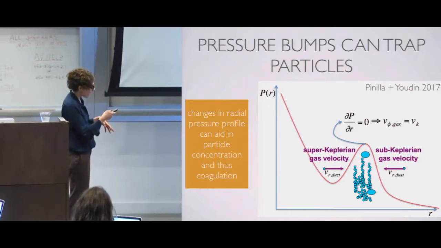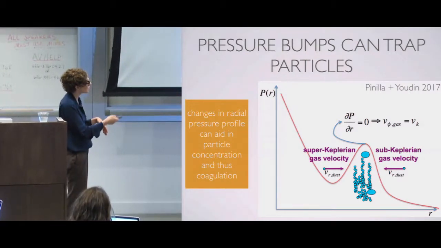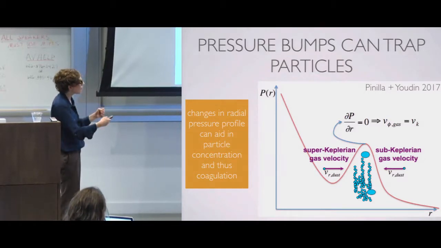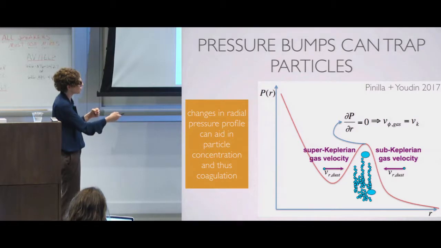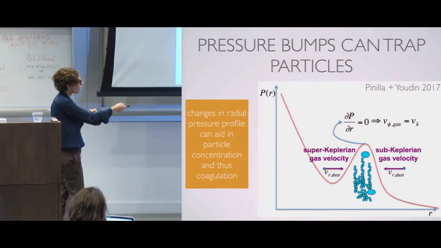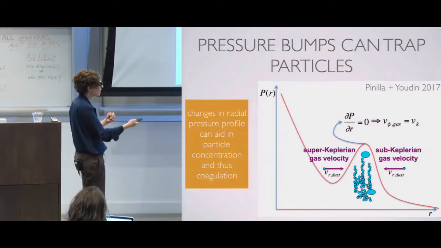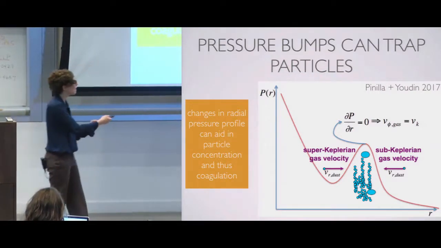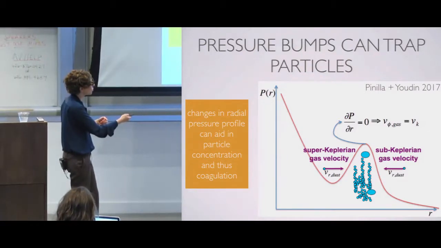But if I have some special localized region in the disk where I have a bump in that profile, I can trap particles in one place, because stuff on the outside of this bump, where the pressure gradient is still negative, is going to drift this way. But the exact opposite process is going to happen along this curve, where the pressure gradient is reinforcing gravity, and it's making the gas orbit at super-Keplerian velocities, and that can cause things to want to drift inwards.